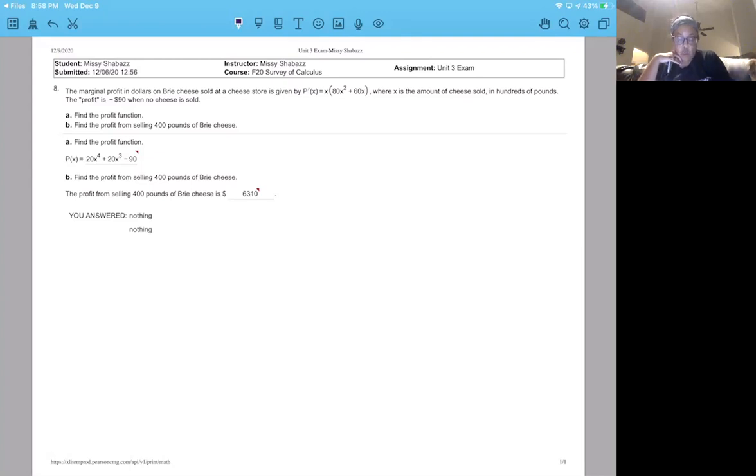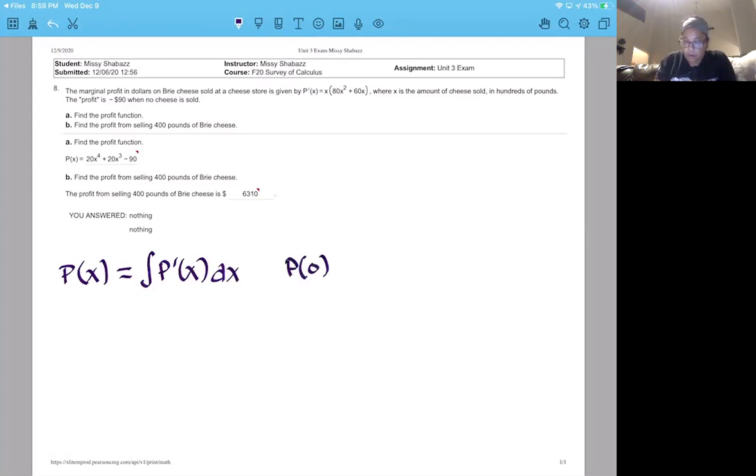All right, so we want to find P of x, and I know P of x is equal to the integral of P prime of x, and they give me the initial value that P of 0 equals negative 90.